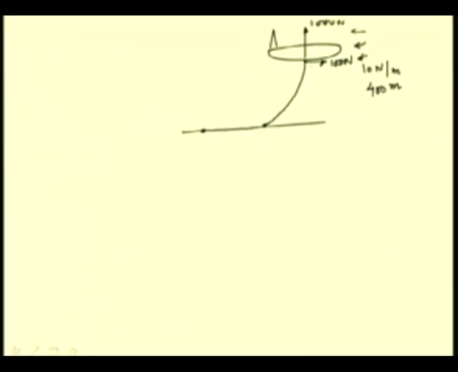So, we are interested to find at what height the blimp is flying and what length of the cable is lying on the ground. In order to solve this problem, let us consider the point where the cable is attached to the blimp as our coordinate reference.